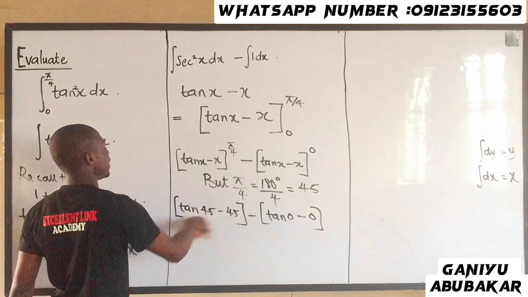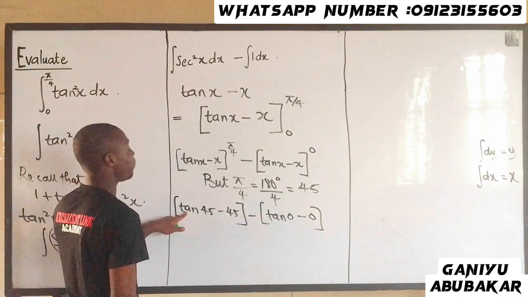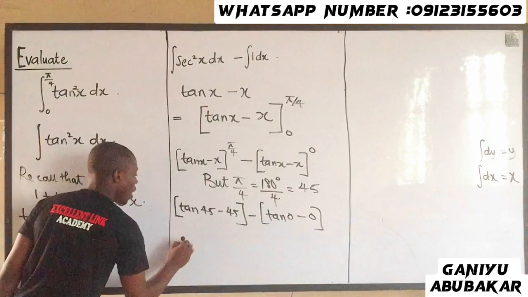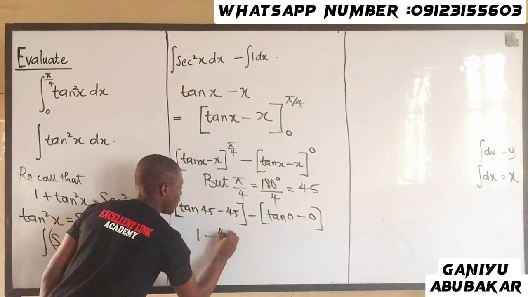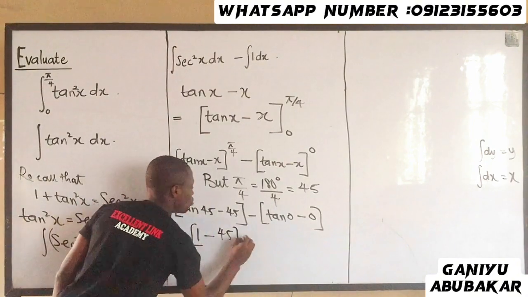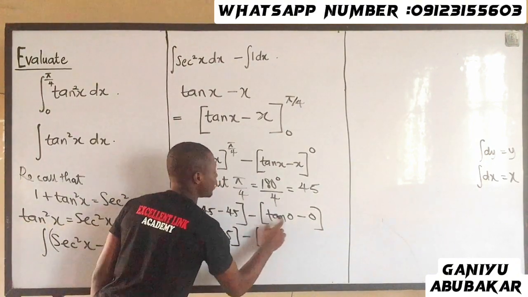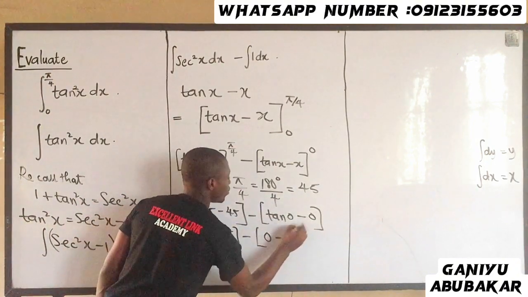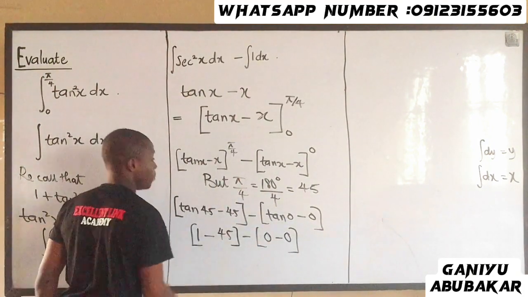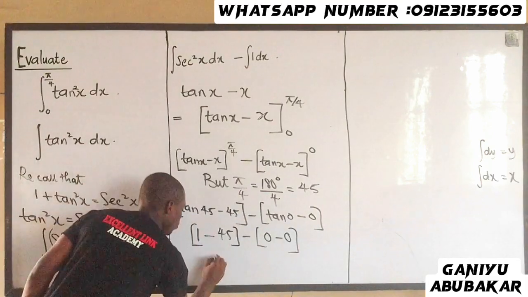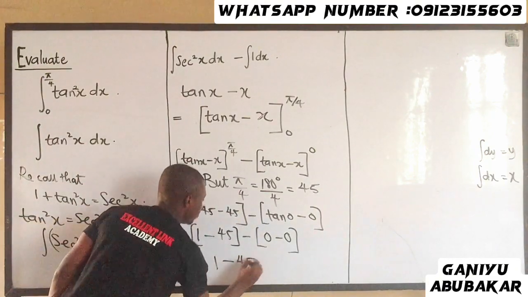Next up, my first task is to simplify this. If I punch tan 45, I'll have 1 minus this 45 here, minus, into tan 0 is 0, minus this 0 here. Similarly, if I simplify this one better, I'll have 1 minus 45, right?